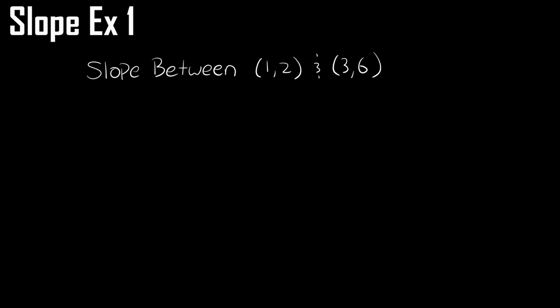So let's say we're asked to find the slope between 2 points (1, 2) and (3, 6). We can use our formula, which is m equals the change in y over the change in x, and then just plug in.